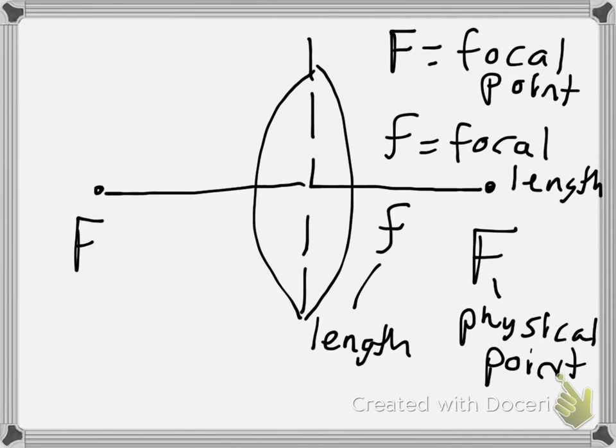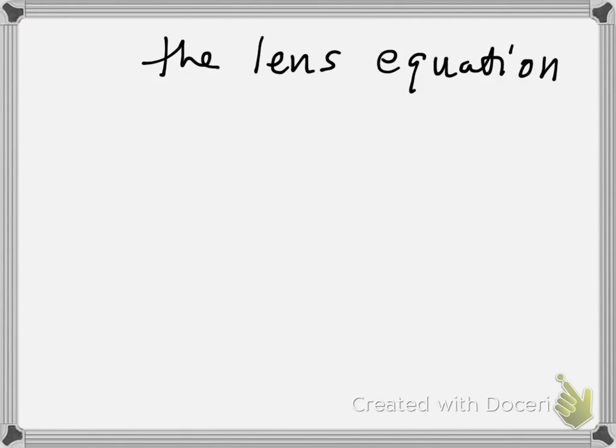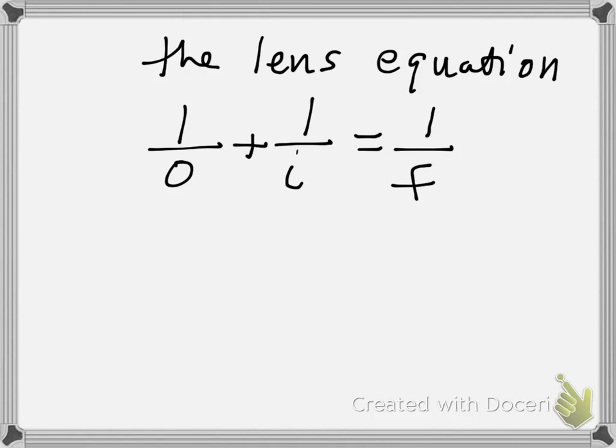Okay, so this is the question, and this has to do with what's called the thin lens equation, or sometimes it's just called the lens equation. And it says this: 1/O + 1/I = 1/F.